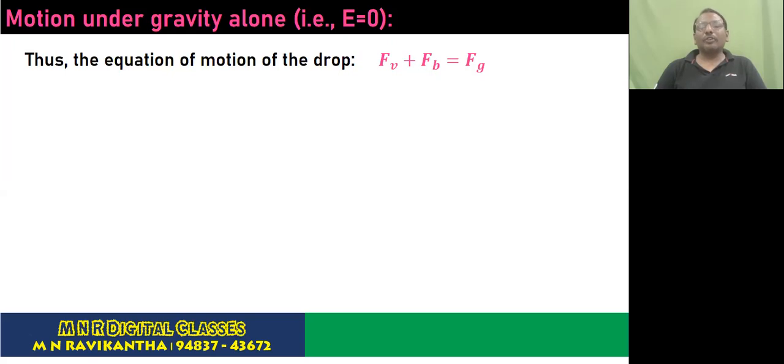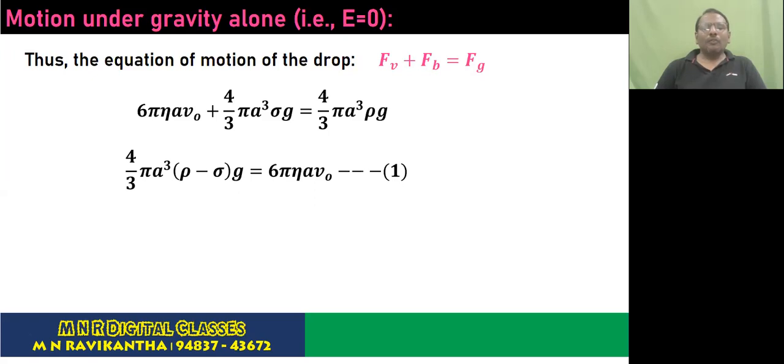The equation of motion of this drop is given by Fv plus Fb is equal to Fg. Substituting the values, 6 pi eta A V naught, that is the viscous force, plus 4 by 3 pi A cube sigma g, the buoyant force, is equal to the third one, gravity, 4 by 3 pi A cube rho into g.